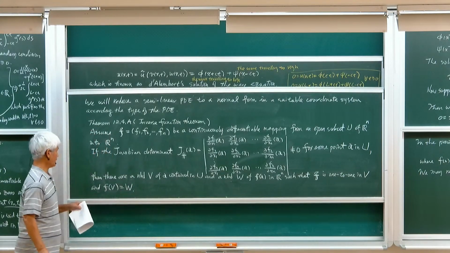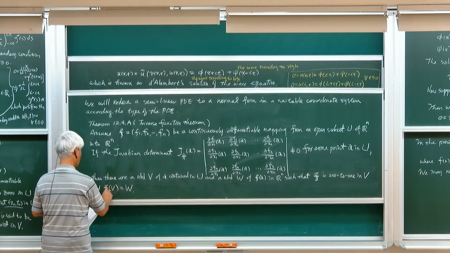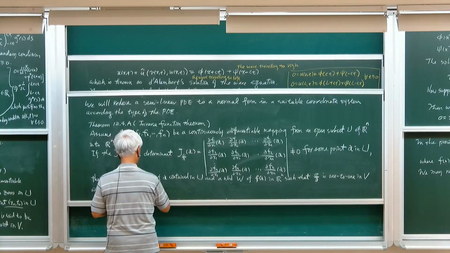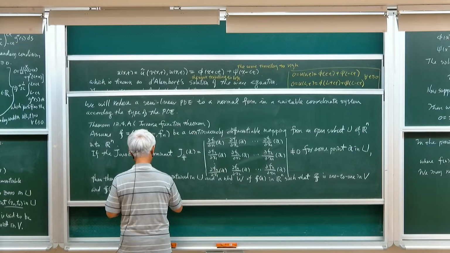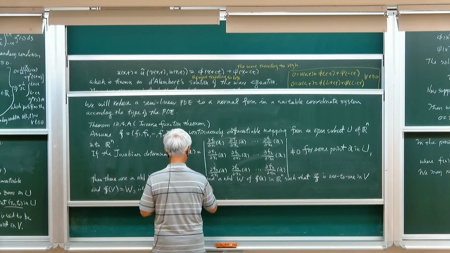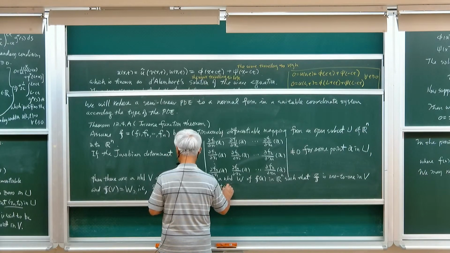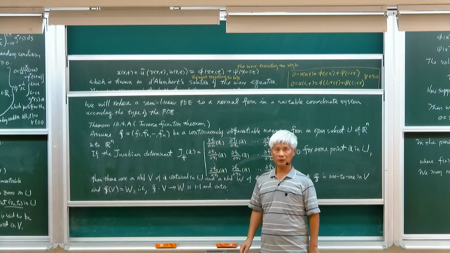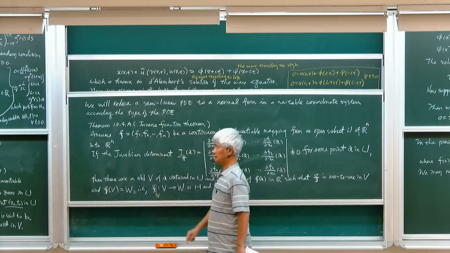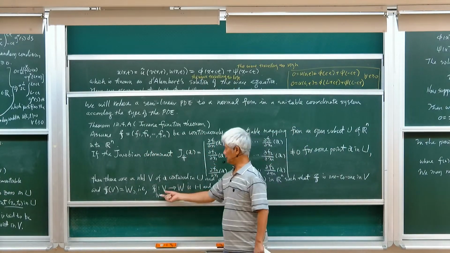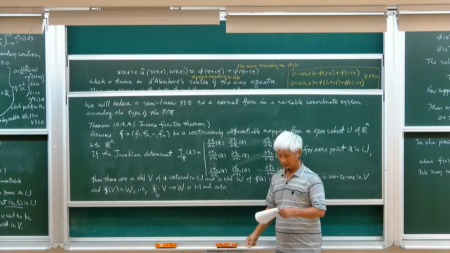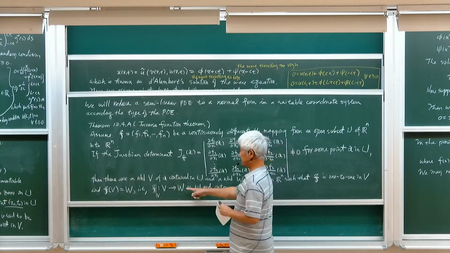Okay, so now f restricted to V to W is 1-to-1 and onto. So locally, we restrict to V, then the mapping from V to W is 1-to-1 and onto. So that is invertible.